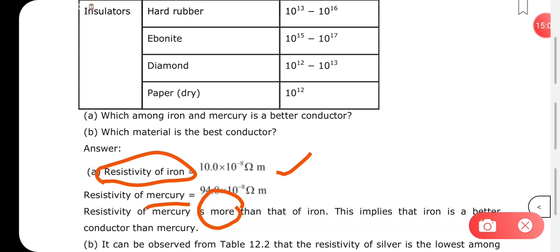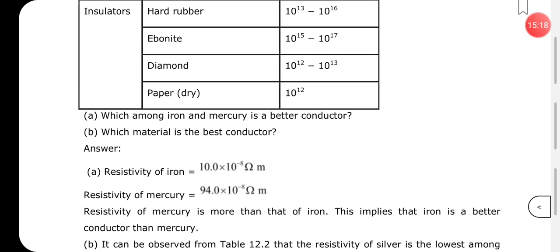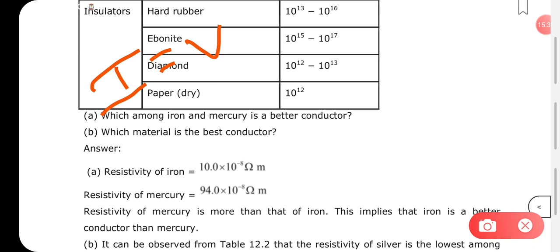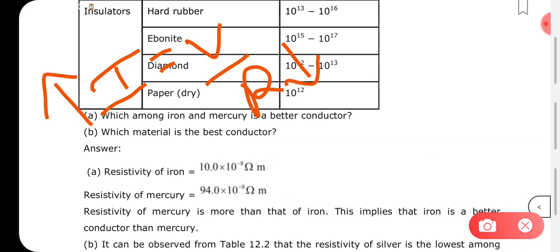See children, if you are still getting confused with this question, let me tell you that when they are asking you which one is a better conductor, from better conductor we mean that the one which is able to carry more electricity, correct? So which one can carry more electricity? We calculate I by I is equal to V upon R, correct? So for I to be more, we want more electricity to be carried, we want our resistance to be less, correct?